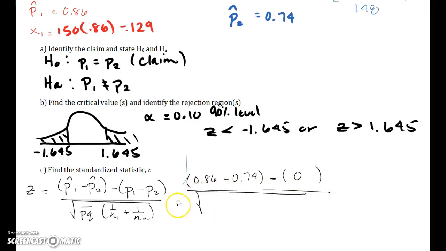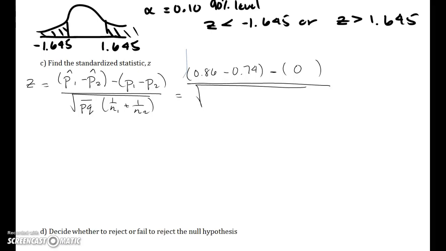And then you have the square root of. Now what I need is the p bar and the q bar. We found that in a previous one, and we're going to use the same exact setup. For our p bar, we have the formula x1 plus x2 over n1 plus n2. So let's plug in our values.